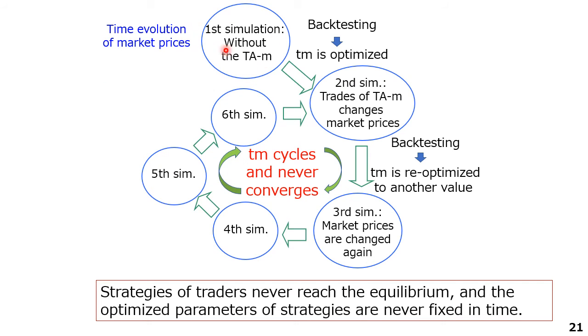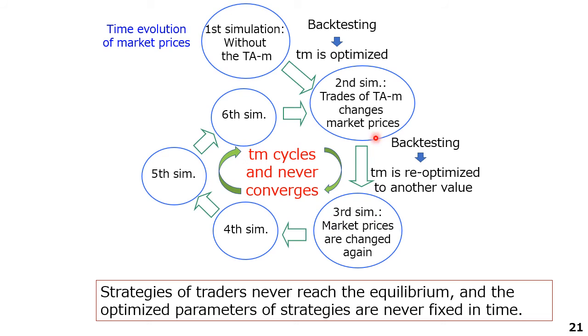In the first simulation, without the TAM, there is a time evolution of market prices, and with the TAM backtest, TM is optimized. In the second simulation, trades of TAM change the market prices, so the time evolution of market prices is changed.